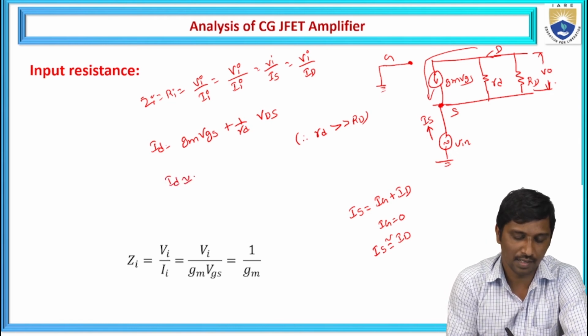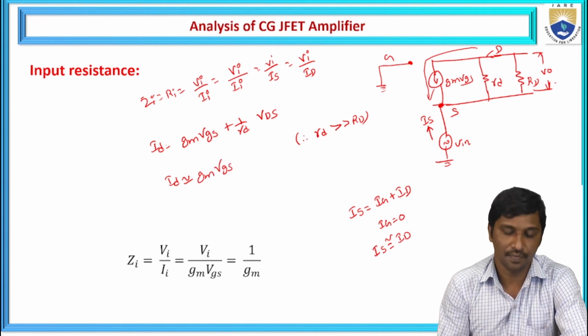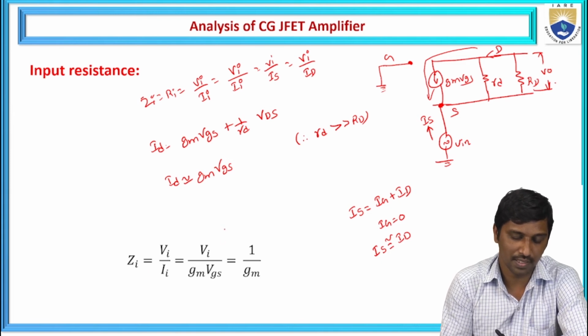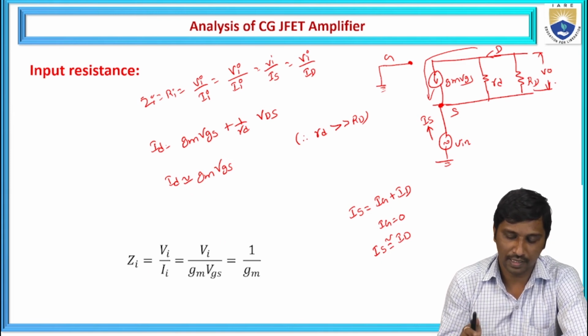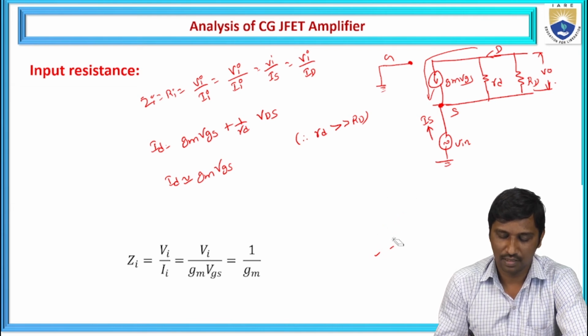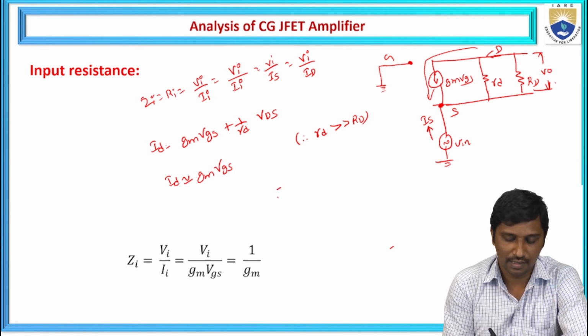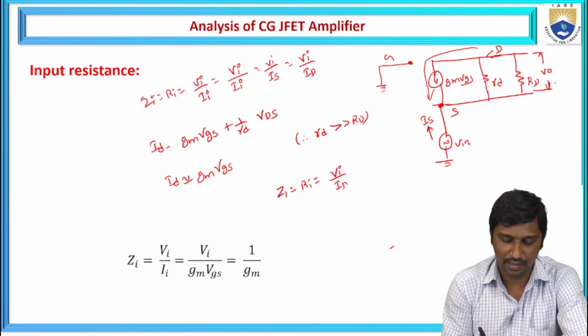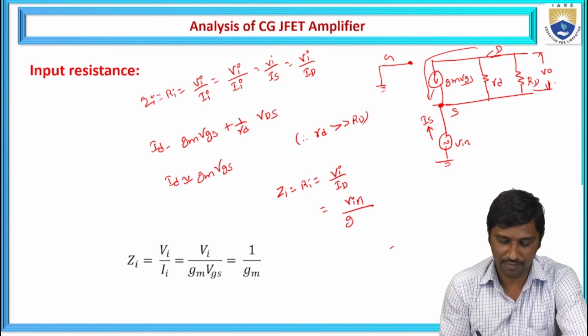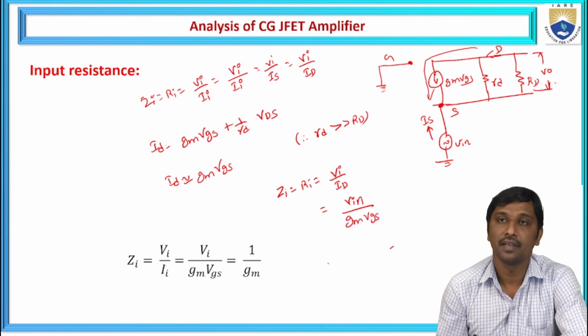Hence ID is approximately equal to gm times VGS. So I am going to substitute this. In the case of input impedance, Zi, or Ri, is equal to Vi by ID. Vi means I am going to take Vin, and ID means gm times VGS.